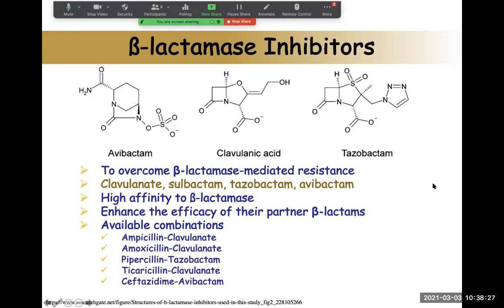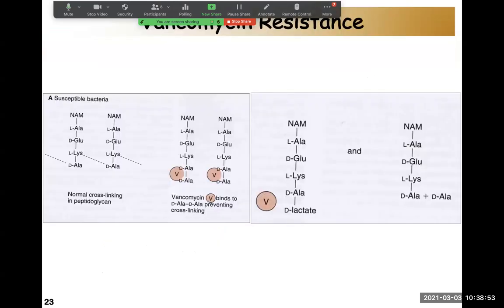So if they administer them in parallel, ampicillin and clavulanate combined, the beta-lactamase inhibitors will prevent the beta-lactamase from acting so that the antibiotics can act on the cell wall or on their targets. So these are a couple of combinations available in the market that get used when they know that the bacteria is beta-lactam resistant.